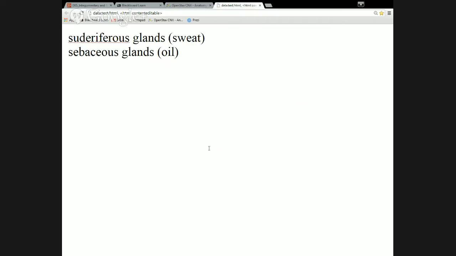And then there's also mammary glands, which of course secrete milk, and ceruminous glands, which secrete wax. Now, not all books have those two types of glands in the skin section, but they are glands in the skin, just in very specific places. So where are mammary glands going to be found? At the areola of the breast. And where are ceruminous glands going to be found? Yeah, in the ear canal.